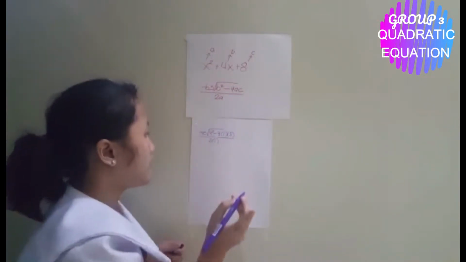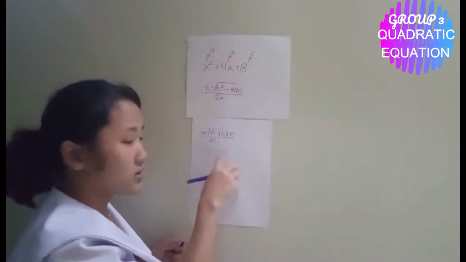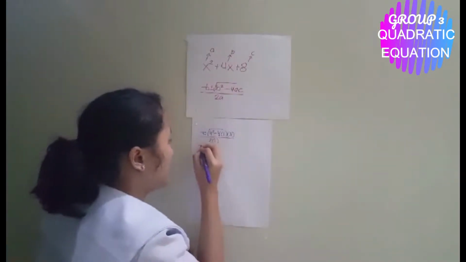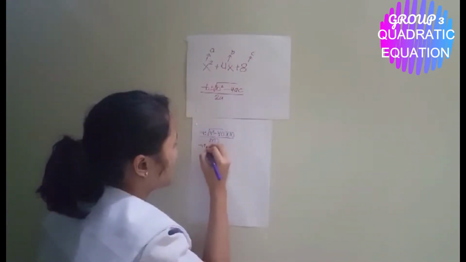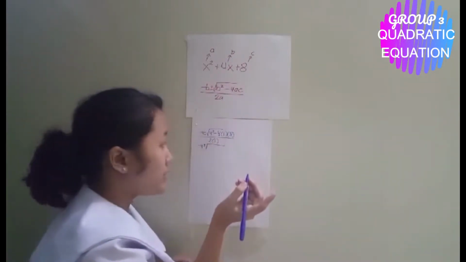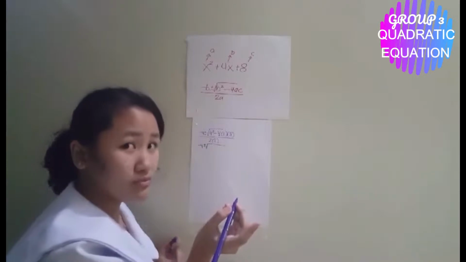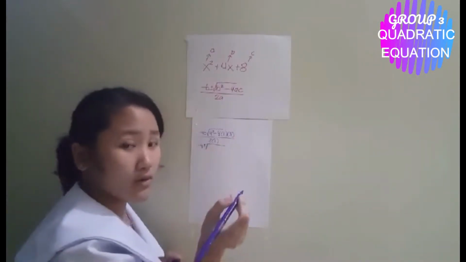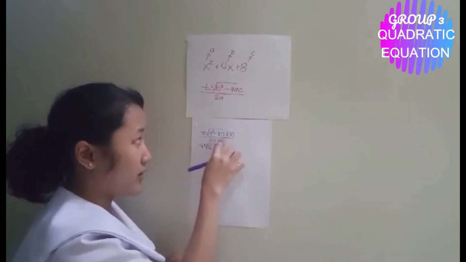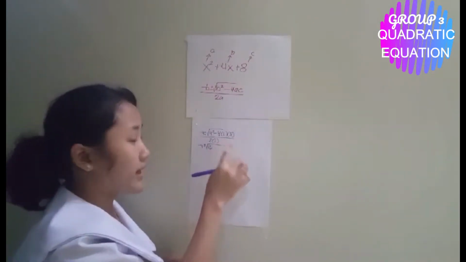Okay. So the next thing you're going to do is multiply and square 4. So it's going to be negative 4 plus minus, 4 squared is equal to 16. So 8 times 1 equals 8, right?